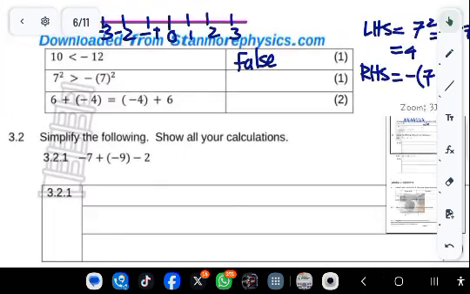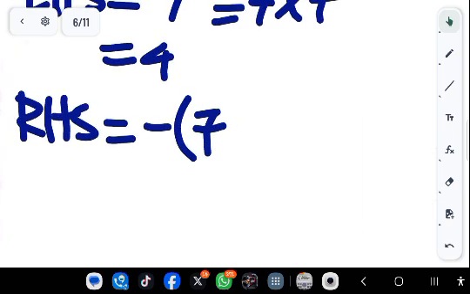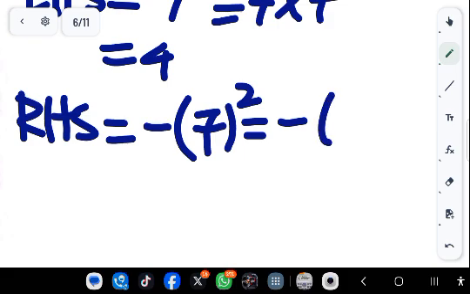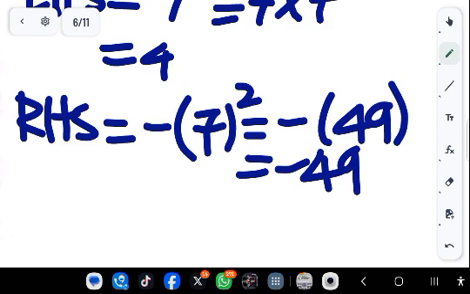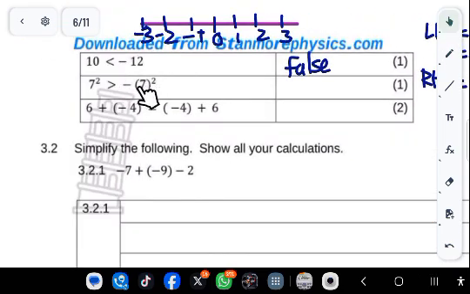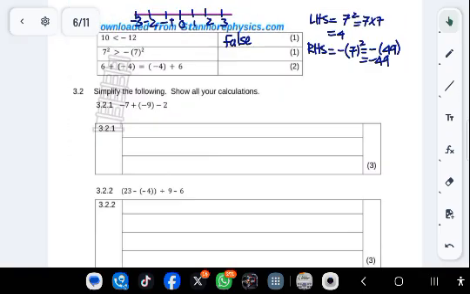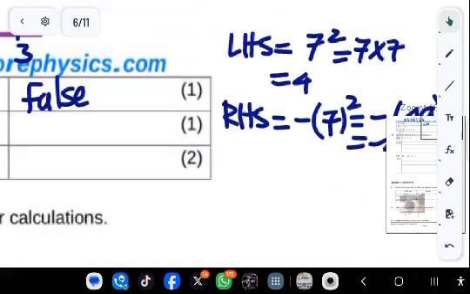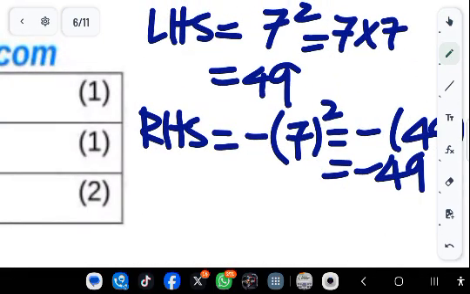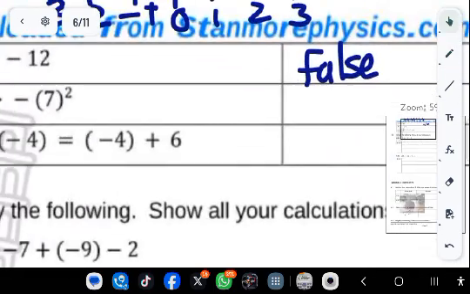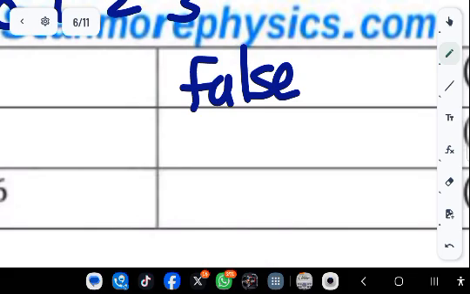So we square what's inside the bracket, and that will give us 49. Sorry, I made a mistake here. It is -49. Is 49 greater than -49? Yes, 49 is bigger than -49. So this is true.